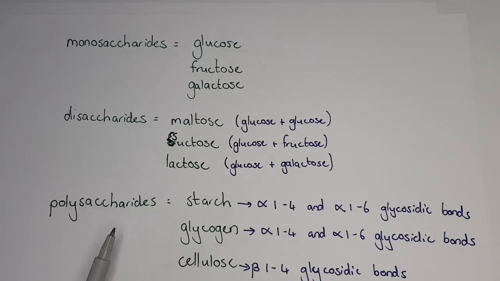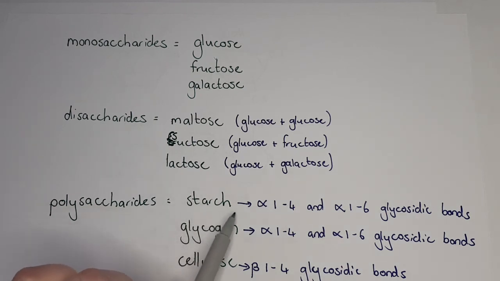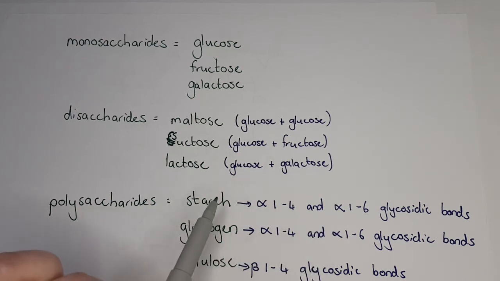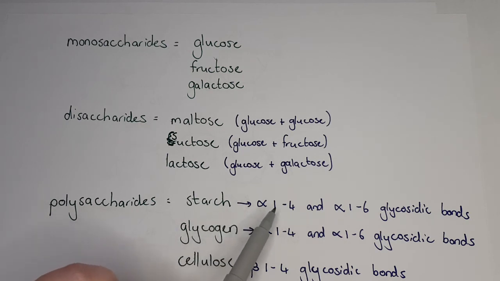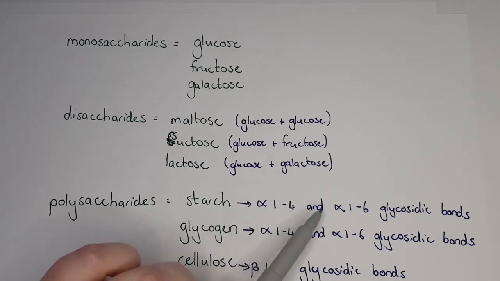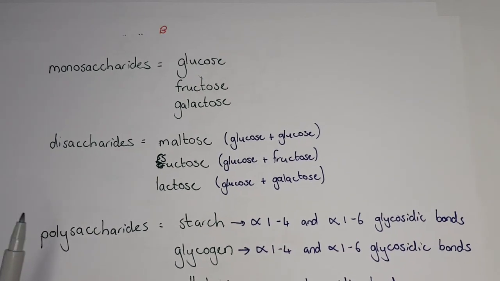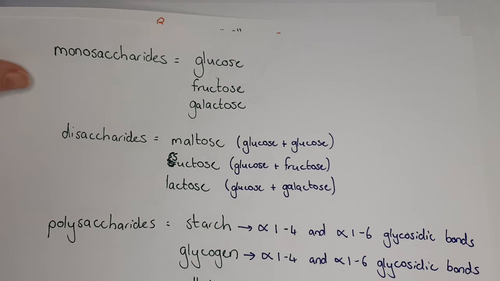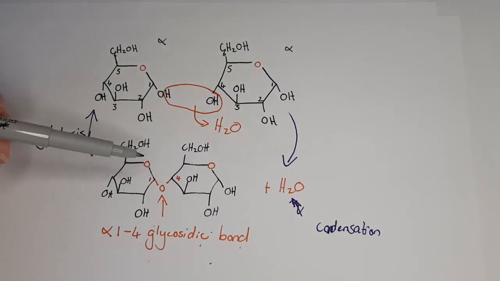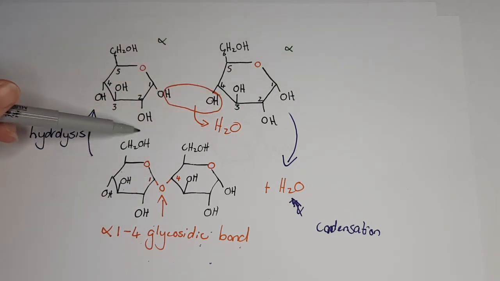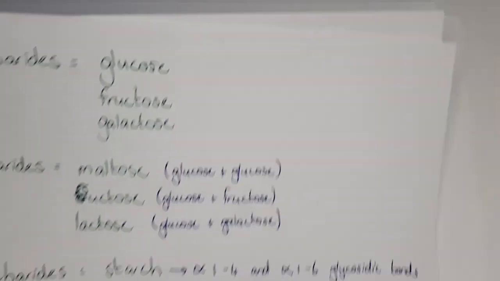Then polysaccharides are multiple rings. So I have starch, which is the storage form of glucose in plants, which is made up of long strands of molecules with alpha 1,4 and alpha 1,6 glycosidic bonds, which just means that in a molecule like this, since there's 1 and 4, I can also join carbon 1 to carbon 6, and I can get chains.